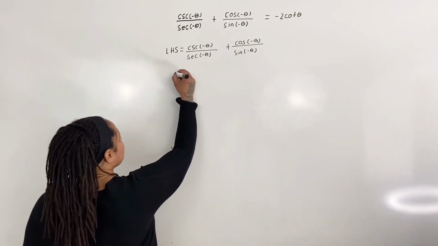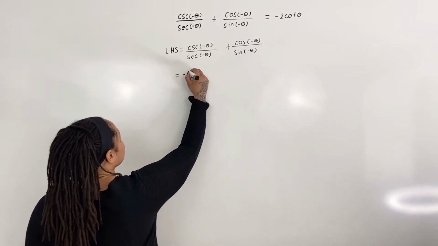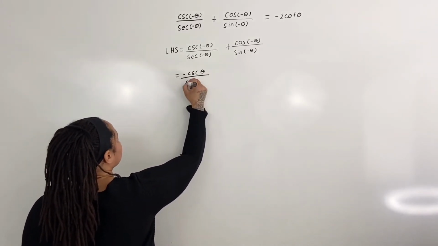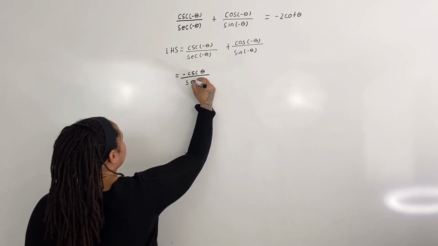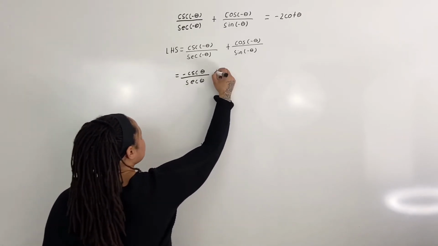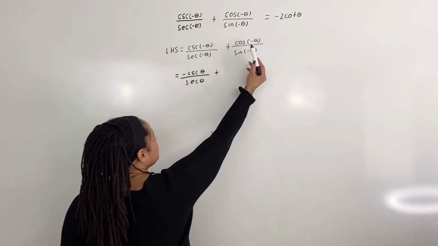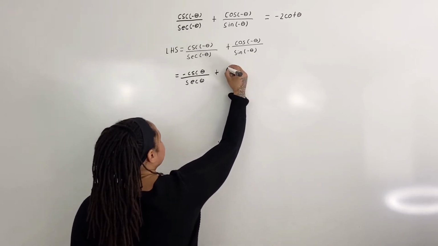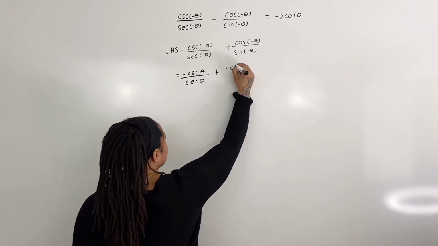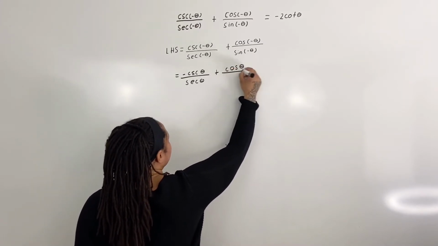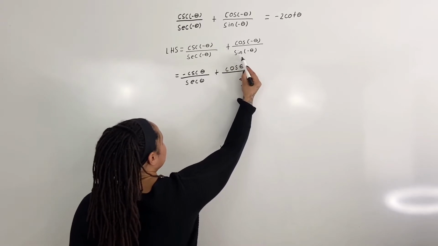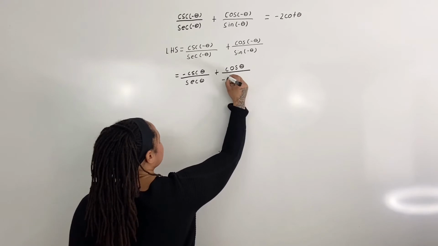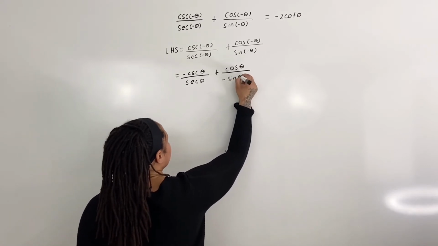So this is equal to negative cosecant of theta over secant of theta plus, and cosine is an even function, so we disregard the negative sign. So we say cosine of theta divided by, and sine is an odd function, so we take the negative sign and pull it out. So negative sine of theta.